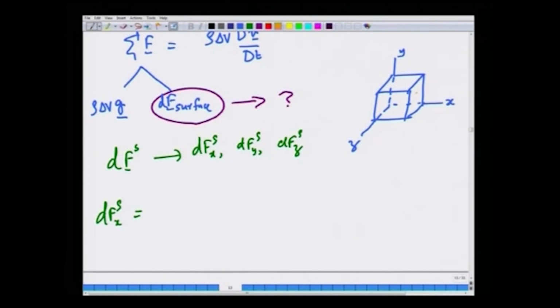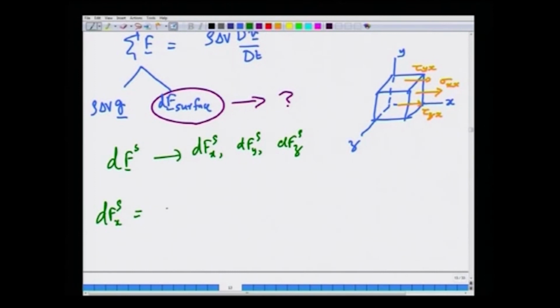The force acting on this plane is sigma x x. The force acting on this plane in the x direction is tau y x, and the force acting on the plane whose unit normal, so this side plane, is tau z x, because the unit normal is in the plus z direction and the force is acting in the plus x direction and so on. Okay. Similarly forces are acting also in the other 3 directions, which we will write down.